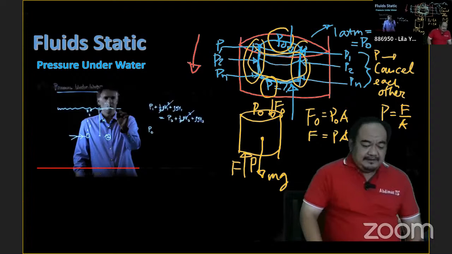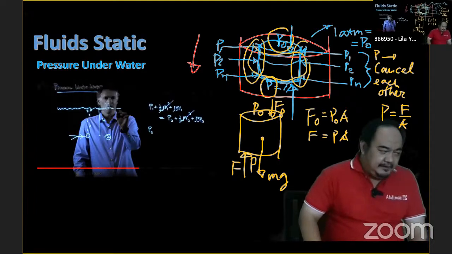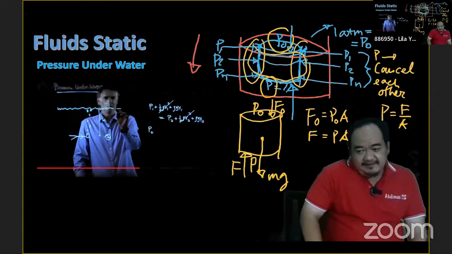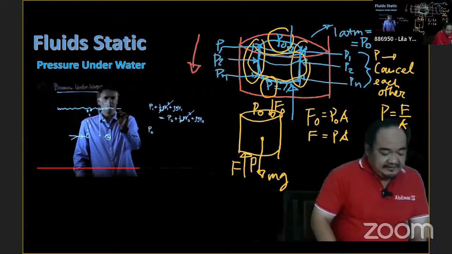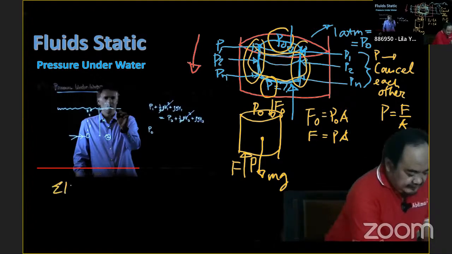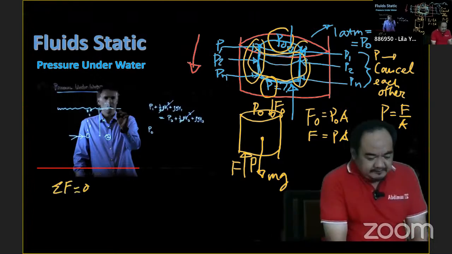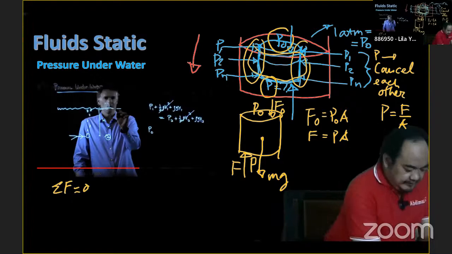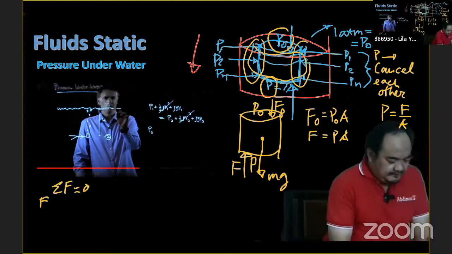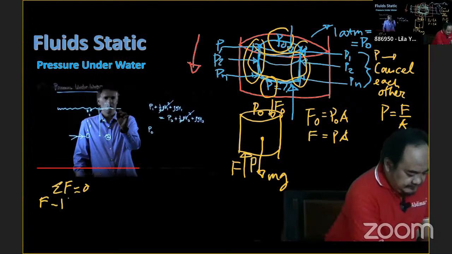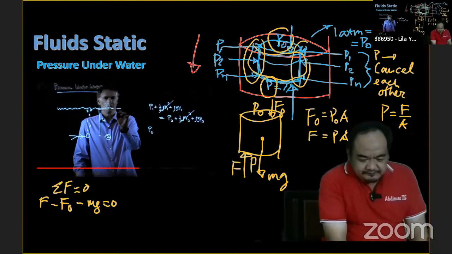Now we can apply Newton's first law, because the fluid is not moving anywhere, so we can apply sigma F equals 0. Then F minus F naught minus mg equals 0.